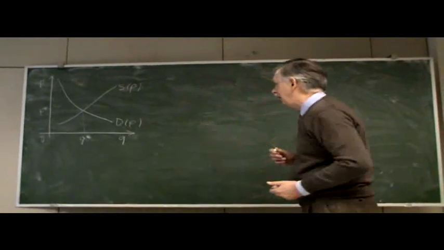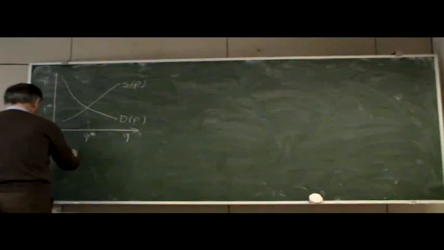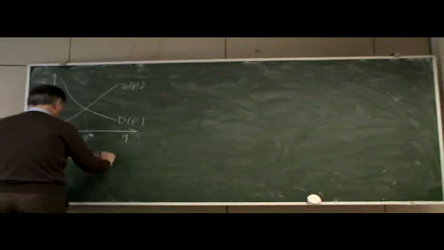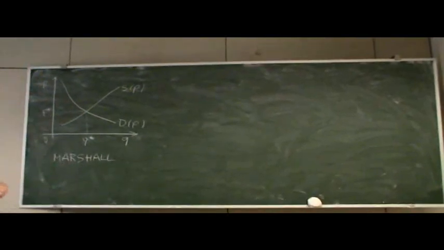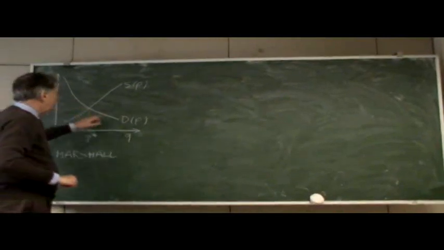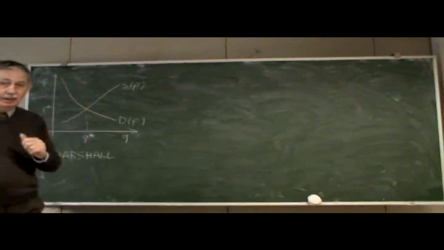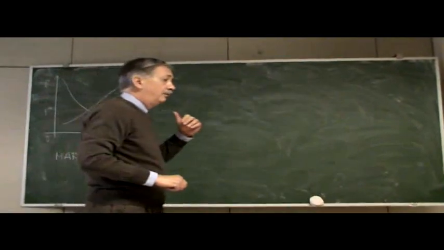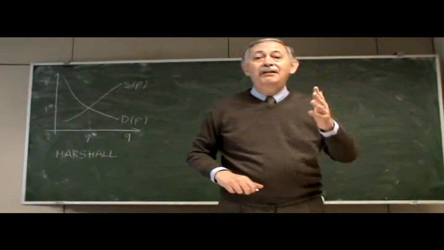This is the traditional Marshallian analysis of partial equilibrium. However, when you trace these functions, you suppose, usually, that the prices of all other goods are given.